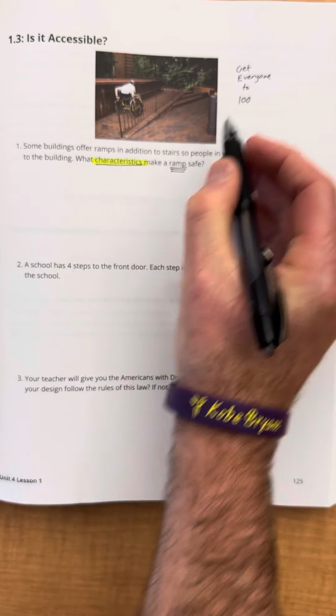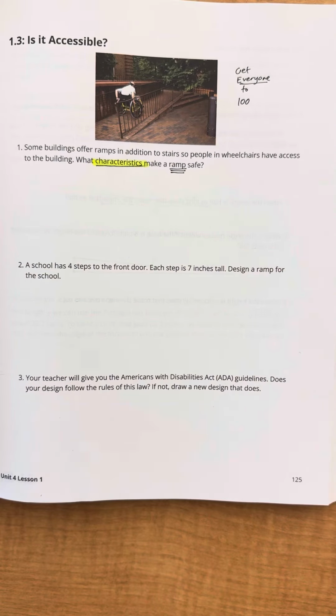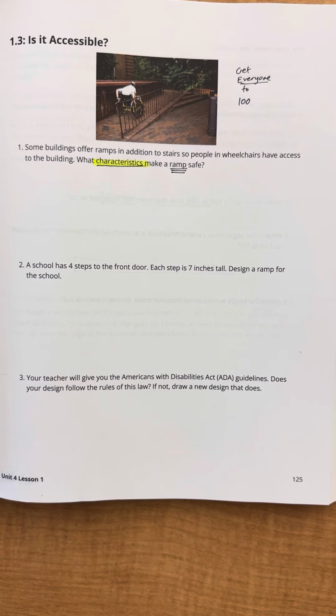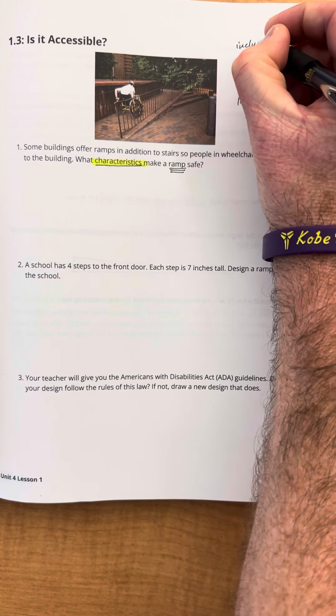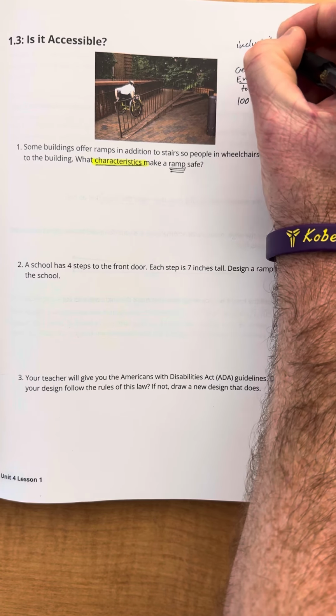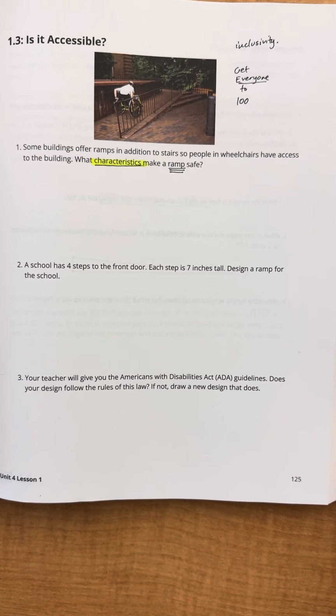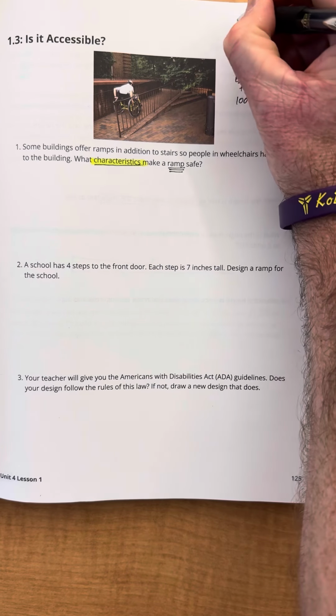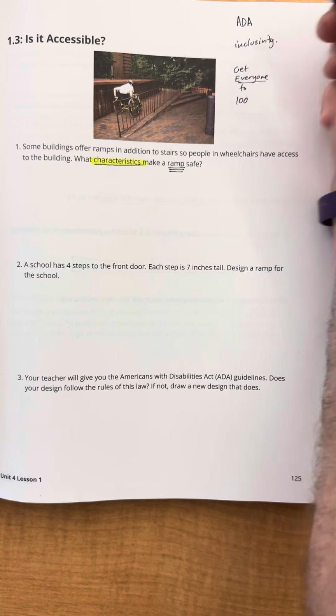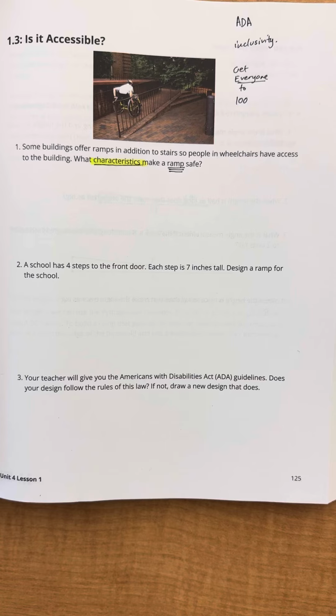Make sure everybody can get where they need to go. It's a big thing on inclusivity. And we're going to find out soon it's part of our laws. Because we're going to look at the ADA, Americans with Disabilities Act.